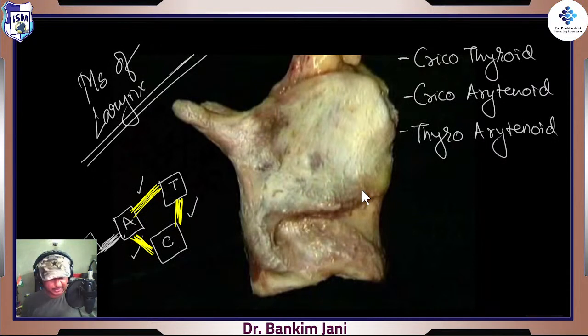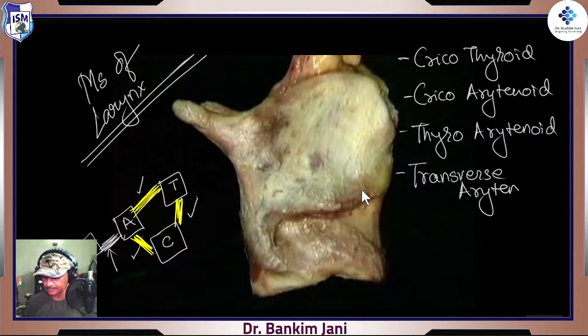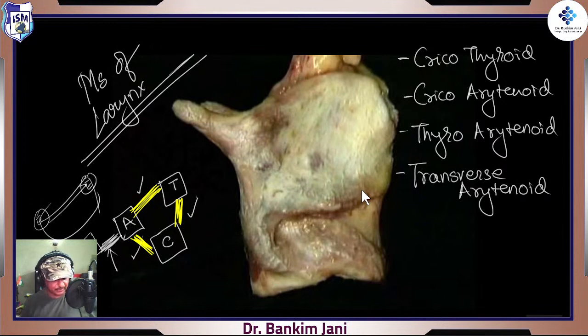Three muscles down. Then what name should we give to the muscle transversely situated between two arytenoids? Transverse arytenoid. And then there is one muscle which goes all the way from the arytenoid to the epiglottic cartilage on the opposite side.